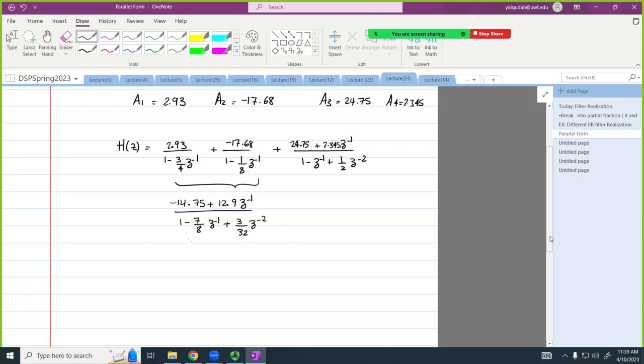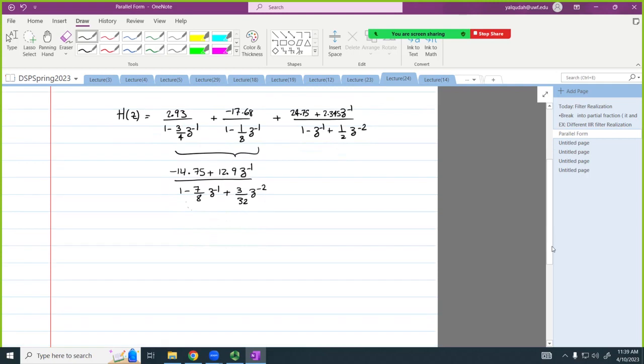Again, each one of these is going to use direct form 2.